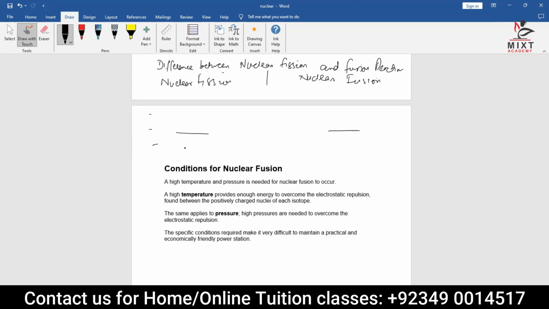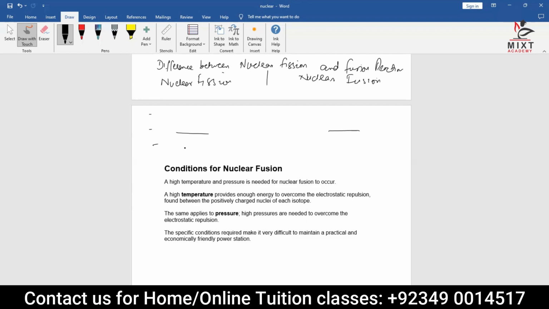For fission reaction, no special conditions are required, while for the fusion reaction, you need very high temperature and high pressure to overcome the electrostatic repulsion forces between two positively charged nuclei of each isotope.